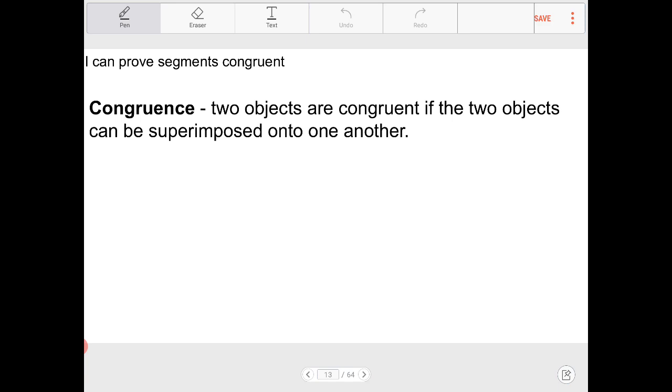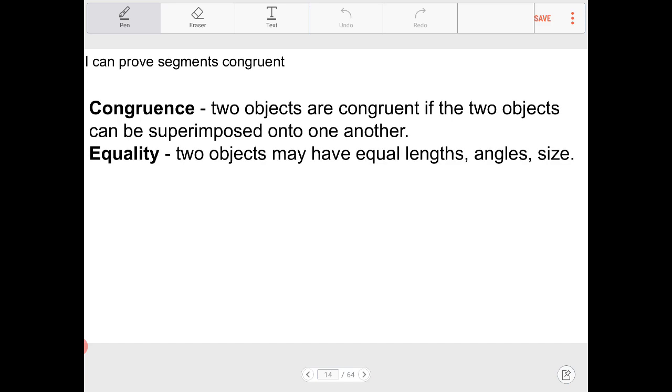We can describe this idea of congruence for any object. Two cars are congruent if you overlap the two cars together, where every point will match up. Remember, every point has to match up in order for the two objects to be congruent. When we talk about equality, two objects may have equal lengths, angles, and sizes.